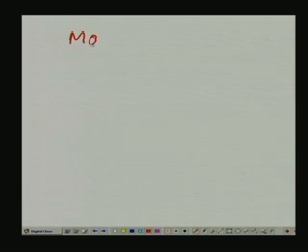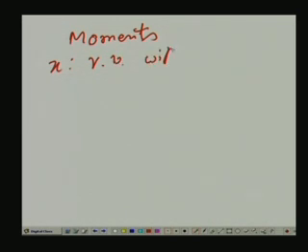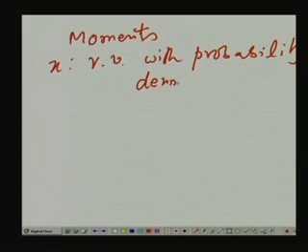So, we now move to another very interesting topic, which is called moments. Moments associated with one random variable x. Moments. X random variable with probability density p x.